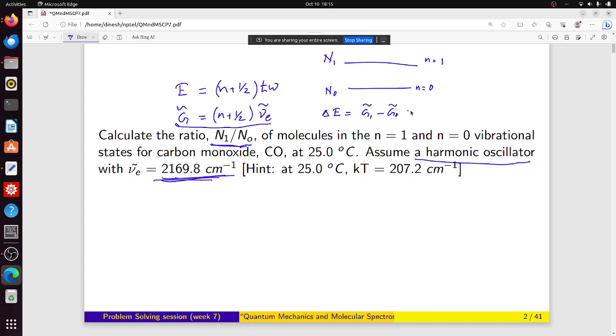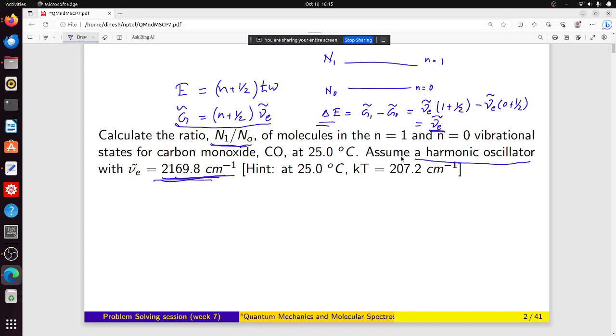So this will be nu E tilde, n is equal to 1 here, so one plus half, minus nu E tilde, n equal to 0 here, so 0 plus half. So this will effectively give me nu E tilde, right? So delta E is nothing but nu E tilde.